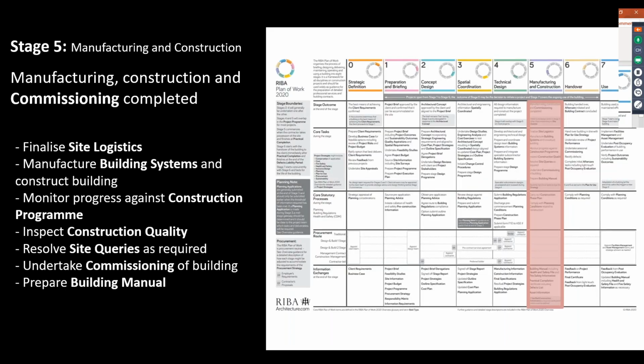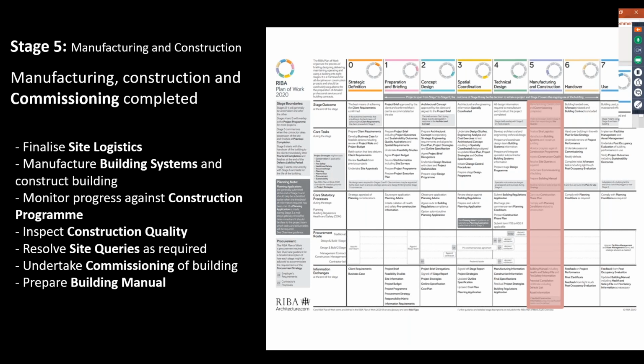And then what that means is stage 5 is really purely about the logistics and the process of constructing, manufacturing and commissioning the building. So the logistics, the manufacturing of the building systems, the construction of the building, and then of course all of the things that go along with that, which is the monitoring of progress by the client team, the inspection of the construction quality, and the resolution of site queries.